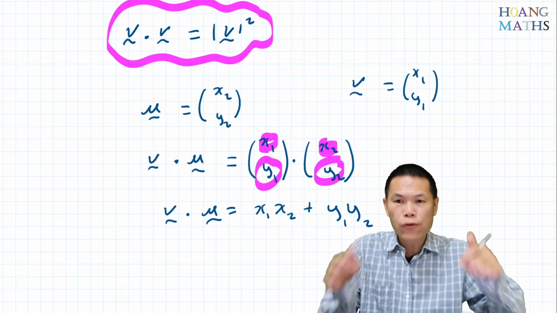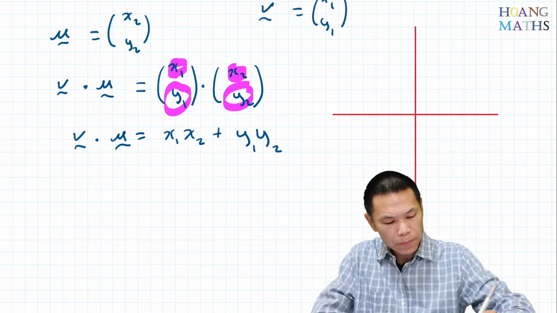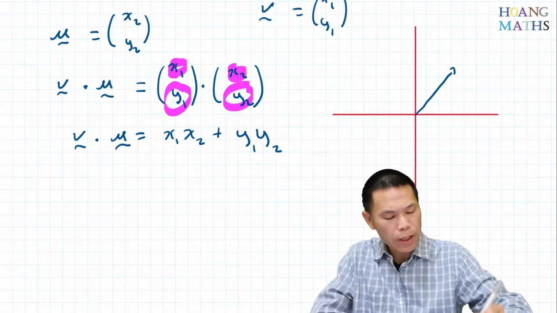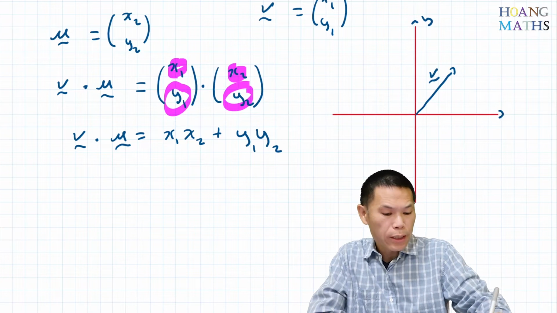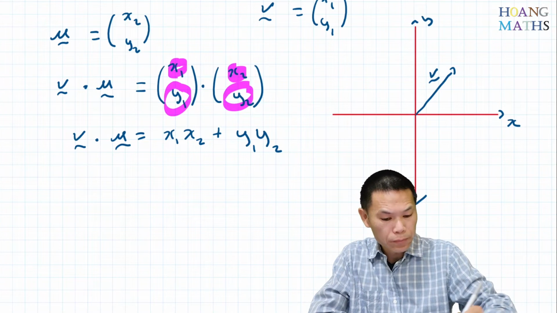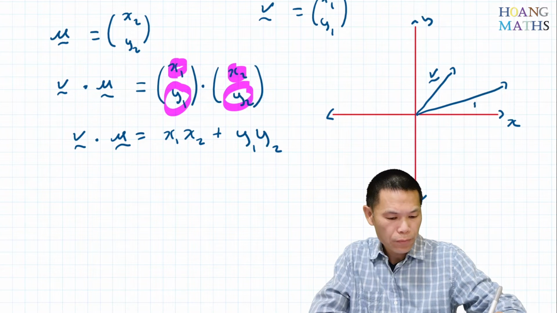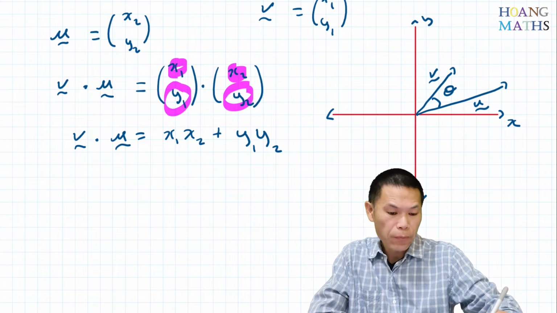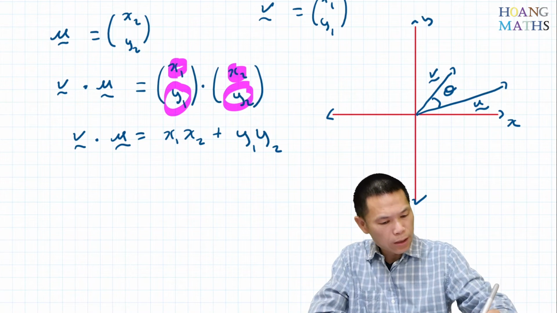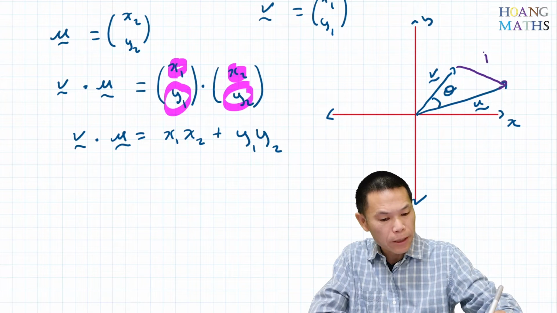So let's draw these two vectors on a diagram. We have vector v just somewhere here, okay? This is vector v, this is the y component, this is the x component. And vector u is here. The angle between them is angle theta. This displacement vector here, let's name it vector p.